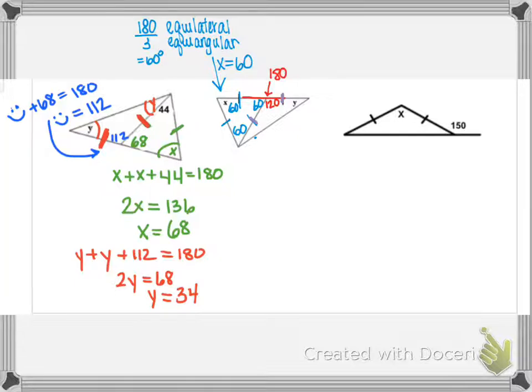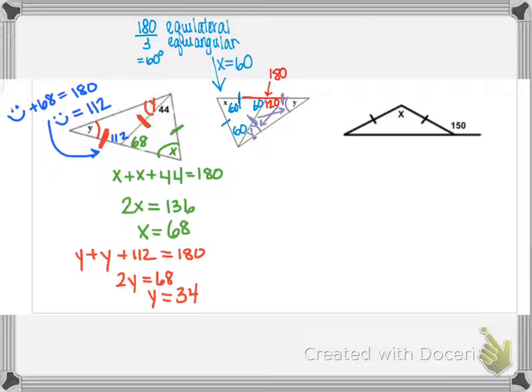So remember, whenever I have two sides congruent, if you go across the triangle from those congruent sides are going to be your congruent angles. So the angle with the y and the little blank angle are going to be congruent. And since they're congruent, if one of them is y, the other one is going to be y.